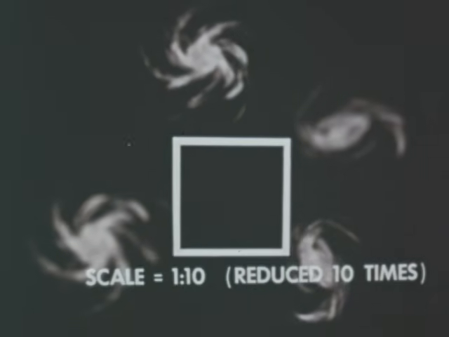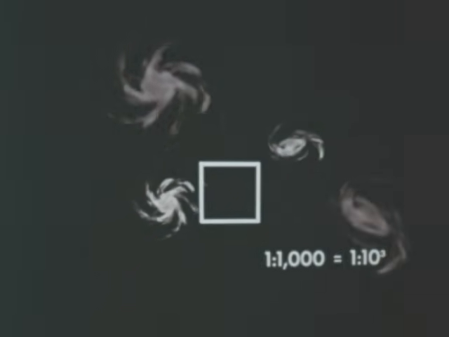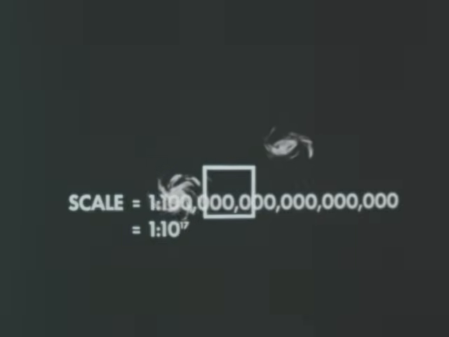To indicate the scale of reduction or magnification of each scene, numerical proportions will appear. The small numbers after 10, known as exponents, refer to the number of zeros to be added.